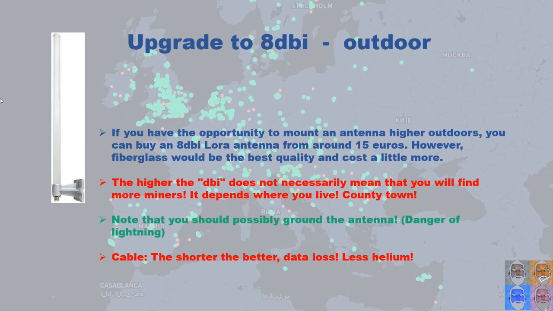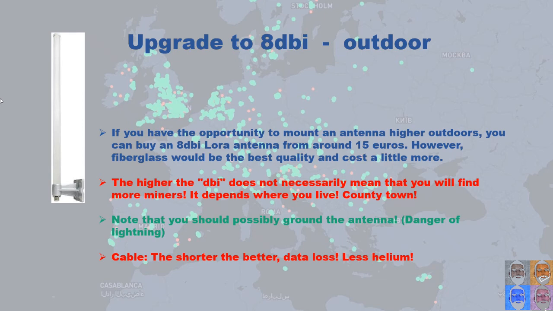So you will miss a lot of different miners around you. Then it's better to have a 3, 2 or 4 dBi antenna where you will have enough miners. The best range is from 300 to 500 meters around you.